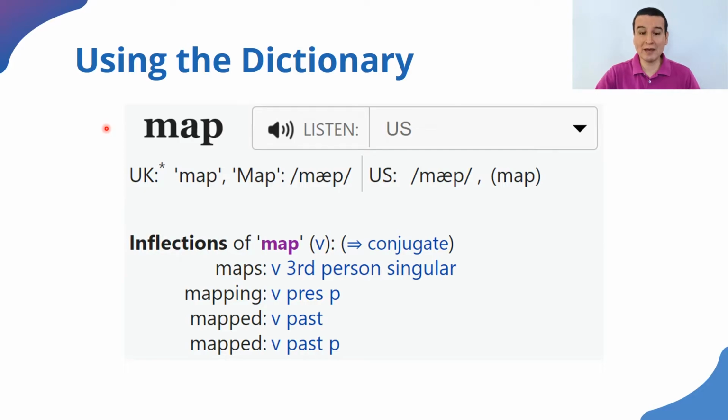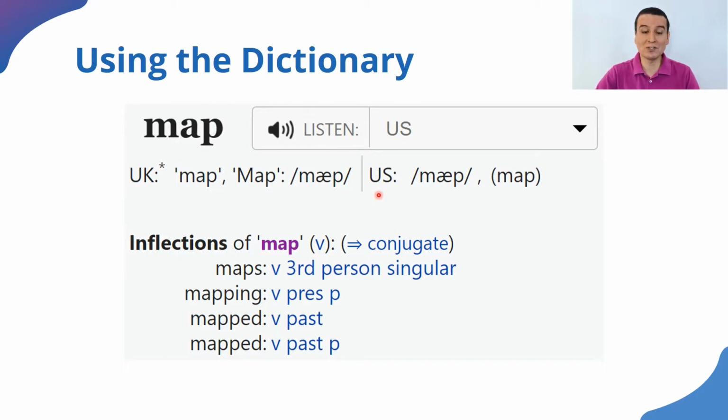In this English-Spanish dictionary, I found that they include the definition, but before they do that, they give you the pronunciation. You can hear it, and they have the pronunciation of the word in British English, UK, United Kingdom English, and US, United States English, American English.